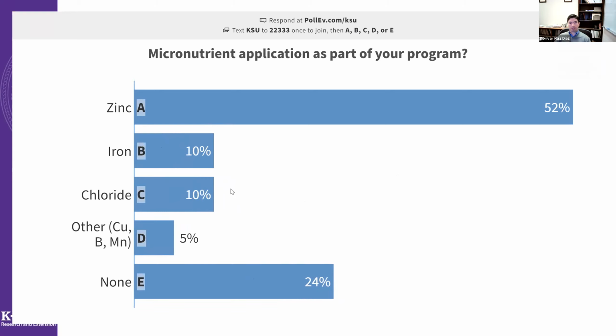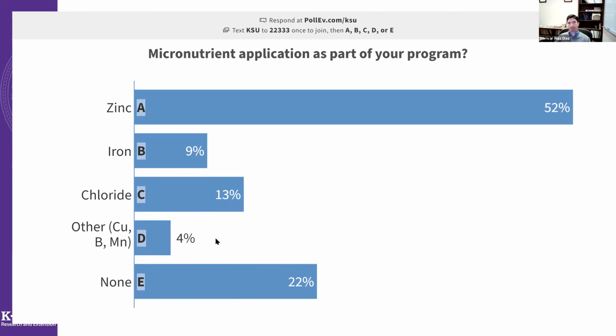Very good. I see zinc, definitely the most popular. I see quite a bit of iron and chloride. We're not talking about iron today specifically. I know for many of you, obviously, iron chlorosis is a big factor. We did a presentation on this on Cover Your Acres, but we're not going to talk about that today. That's a huge factor in many soils. I see some of you also including copper, boron, manganese.